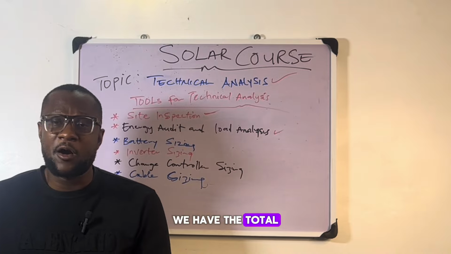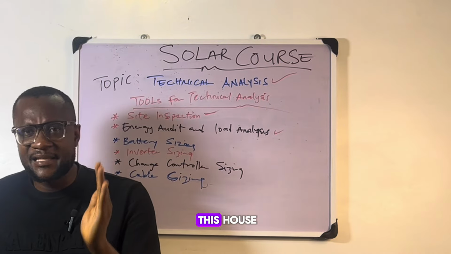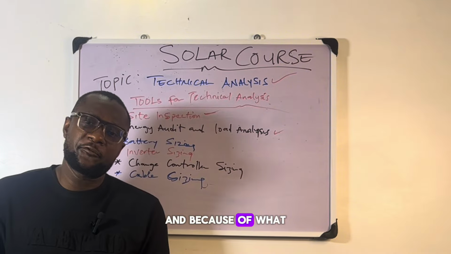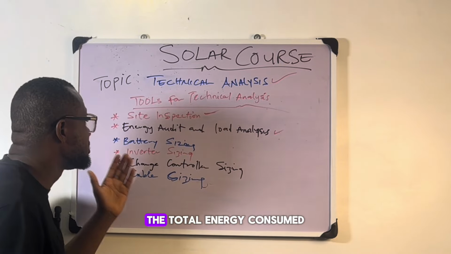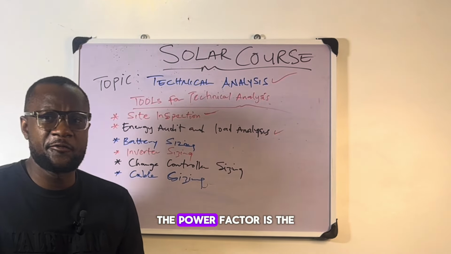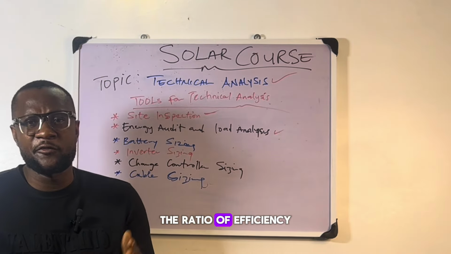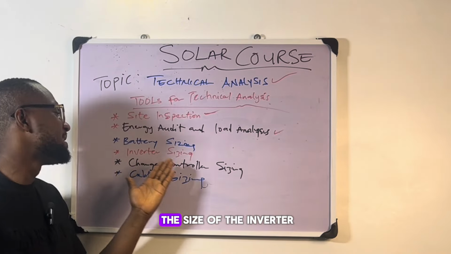Okay, we have the total wattage of the devices and appliances in this house, and because of what amount of energy they consume, we sum them up to get the total energy consumed in this house, divided by the power factor. The power factor is the ratio of efficiency of the inverter. So we'll now determine the size of the inverter.